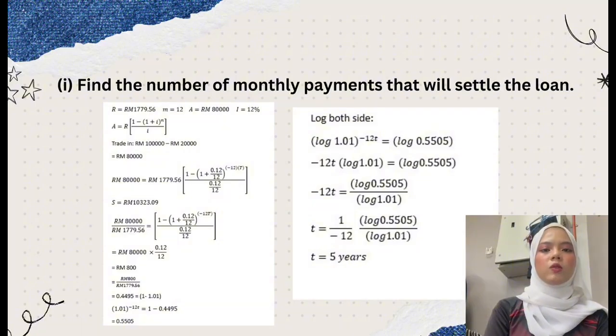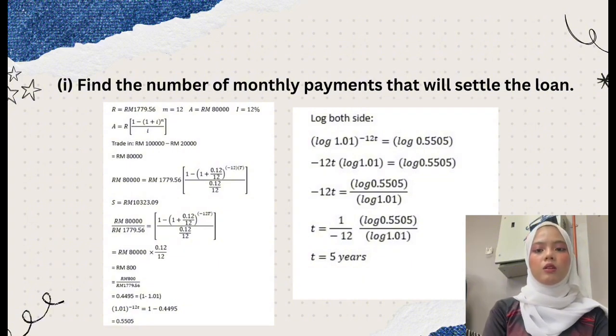Next, we convert the annual interest rate to a monthly interest rate by dividing 12% by 12, which gives 1% per month, or 0.01. We then apply the annuity formula to determine how long it will take to fully repay the loan.